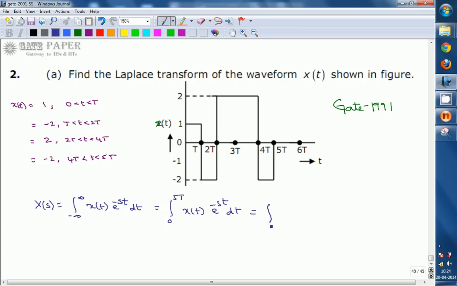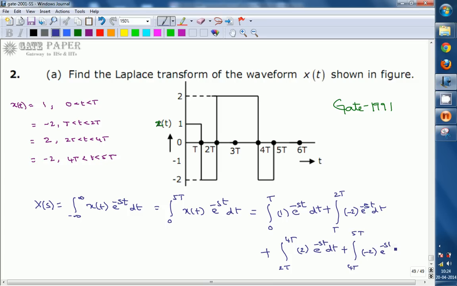From 0 to T, the x of t value is 1, that is e power minus st dt, plus the integral over T to 2T, which has the amplitude of minus 2, e power minus st dt, plus the integral 2T to 4T, which has the amplitude of 2, e power minus st dt, plus the integral 4T to 5T, which has the amplitude of minus 2, e power minus st dt.